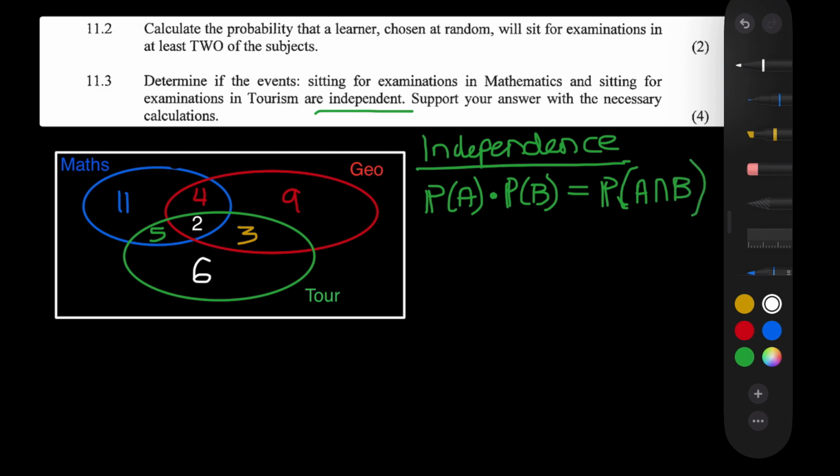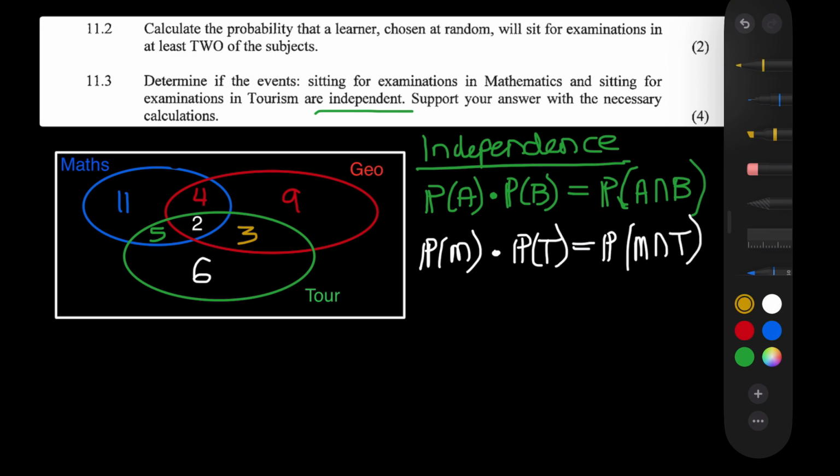So now contextualizing it to this situation, they're asking if the probability of a student sitting in mathematics multiplied by the probability of a student sitting for tourism is simply equal to the probability of a student or students sitting for both mathematics and tourism, you see.